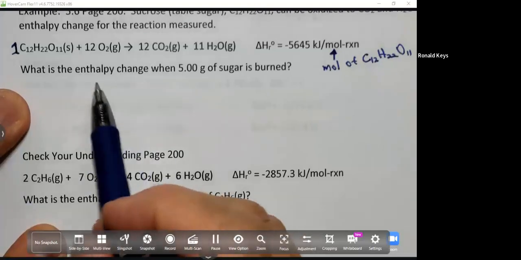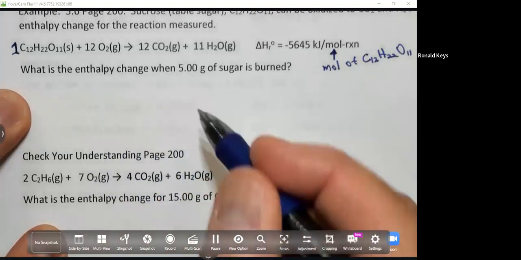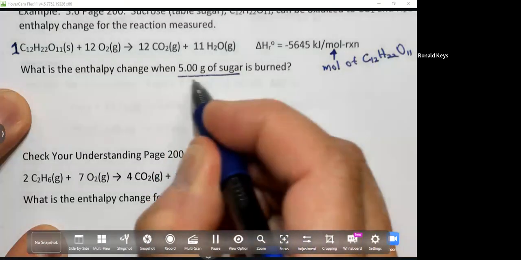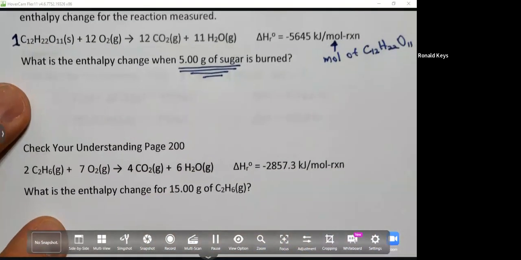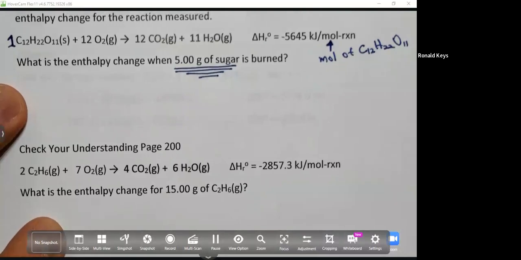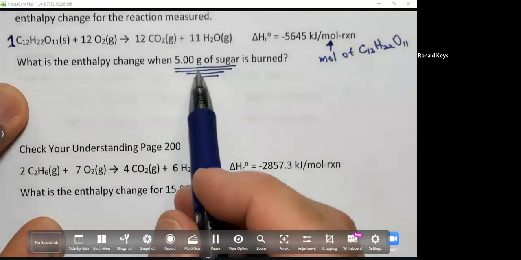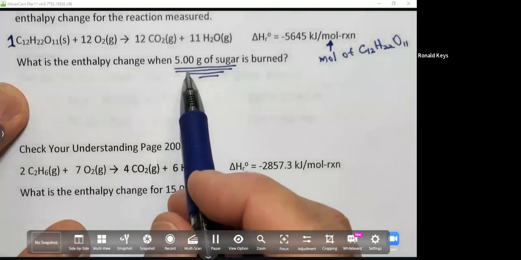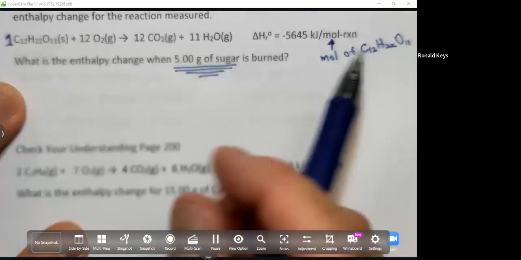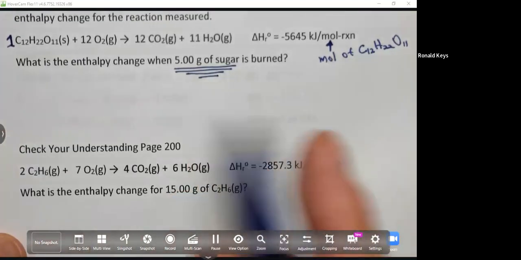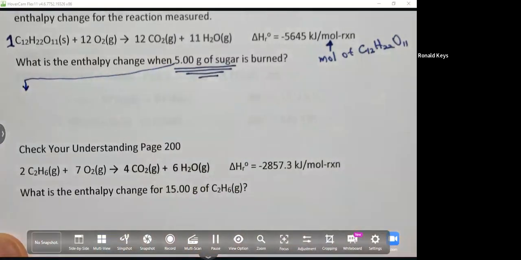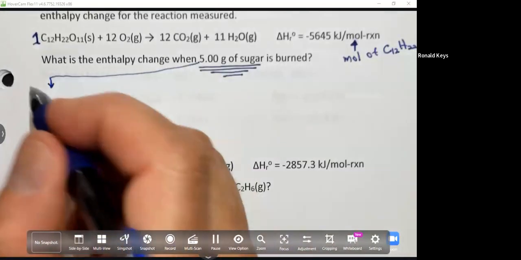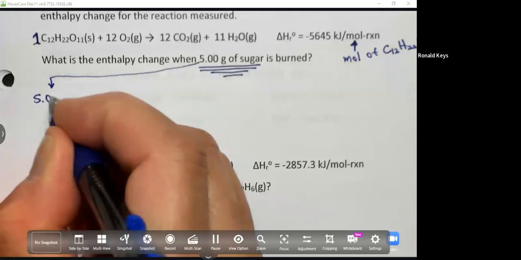Now, what is the enthalpy change when 5 grams of sugar is burned? No formula needed here. If you're given grams of sugar, 99 times out of 100, if you're given grams, what should you do? Convert to moles, right? So that's the very first step we are going to do. So we've got 5 grams.